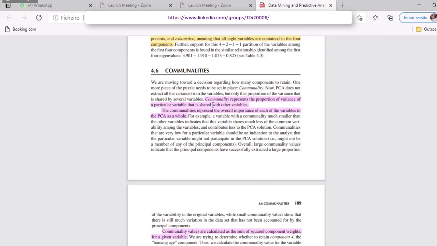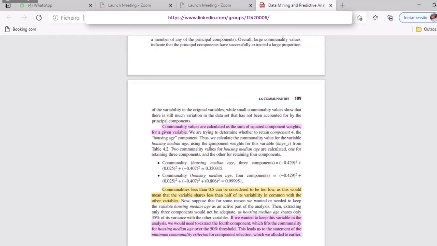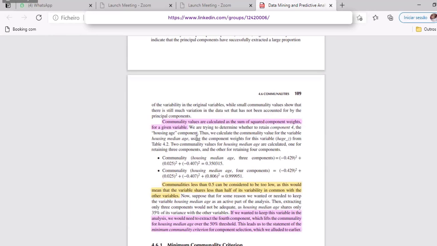So the communalities represent the overall importance of each of the variables in the PCA as a whole. So this is all related to PCA. Communality values are calculated as the sum of squared component weights of a given variable. And here we have an example.